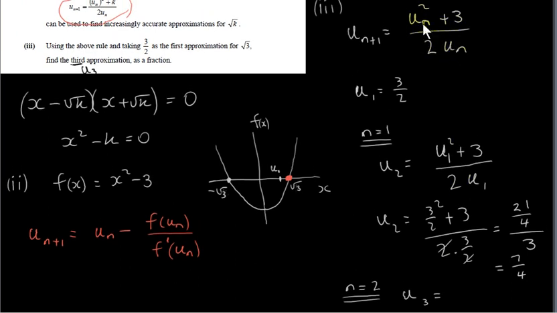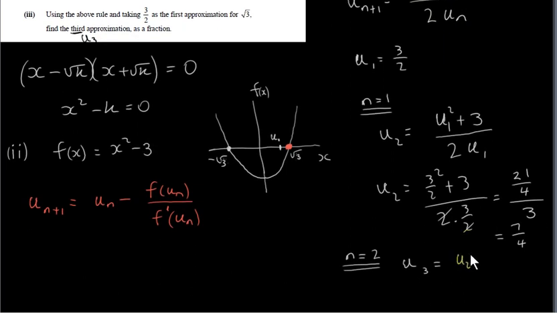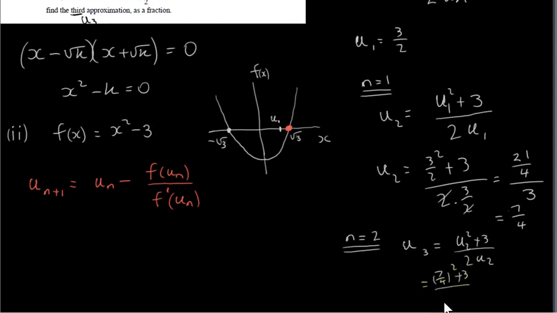We just plug 2 in for n. u2 squared plus 3 over 2 u2. So we just plug in 7 over 4 for u2. So we have 7 over 4 squared plus 3 divided by 2 times u2, divided by 2 times 7 over 4.